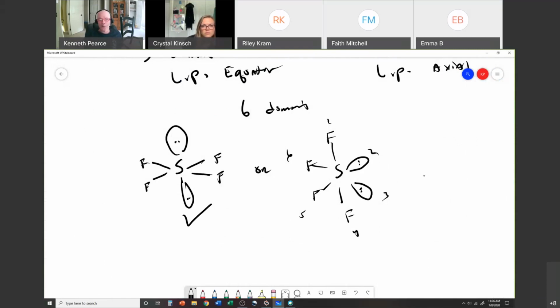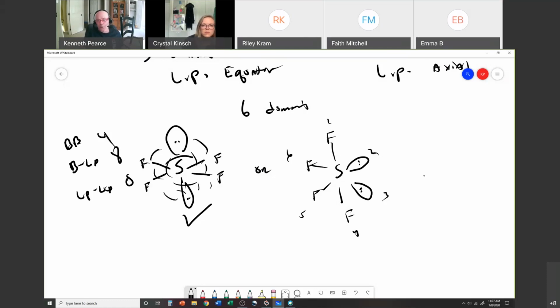Now, if you were to look at this in terms of bonded, lone pair, what would you have here? Bonded would be 1, 2, 3, 4. Bonded lone pair would be 8. Lone pair would be 0. Because you got 1, 2, 3, 4, 1, 2, 3, 4 from the bottom.